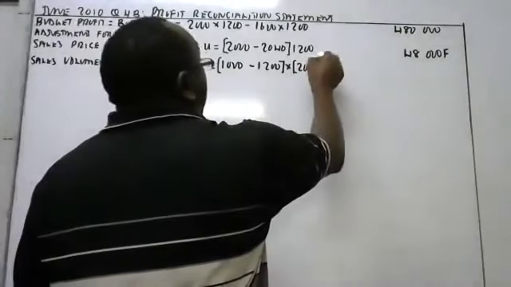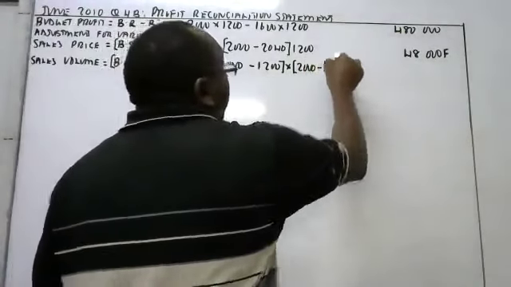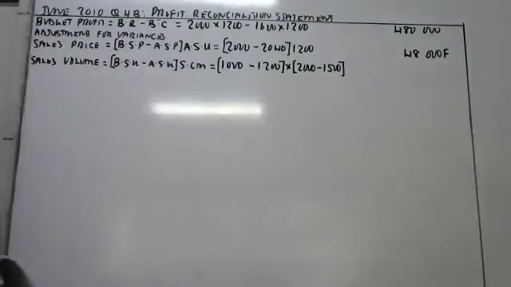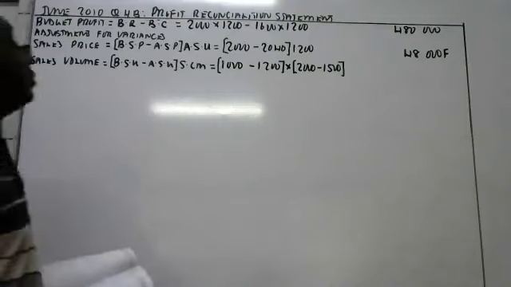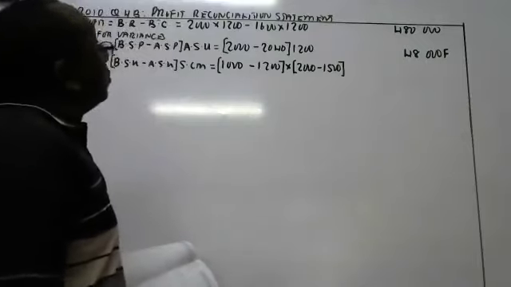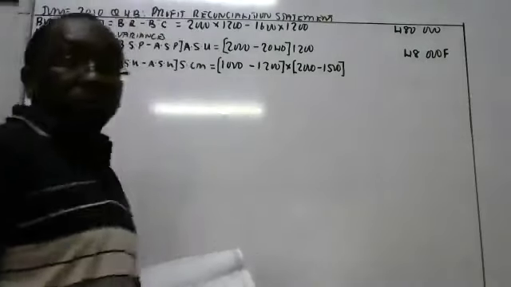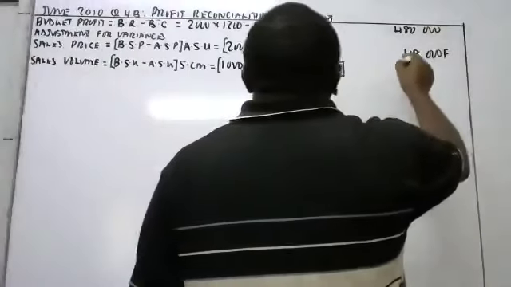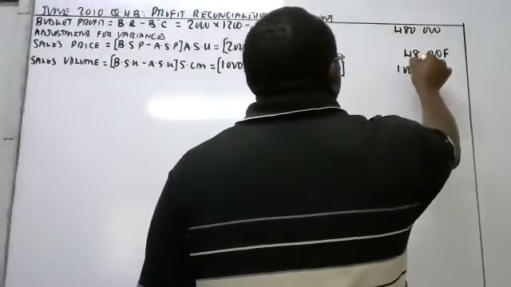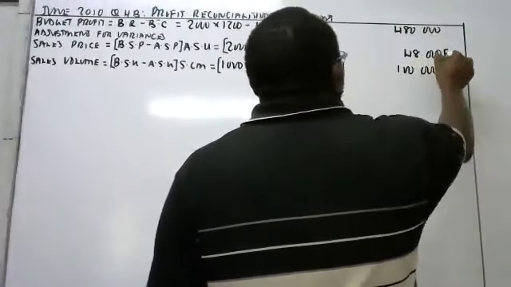That means that the variable component is 1,500. That gives $100,000. Favorable or adverse? It is favorable.